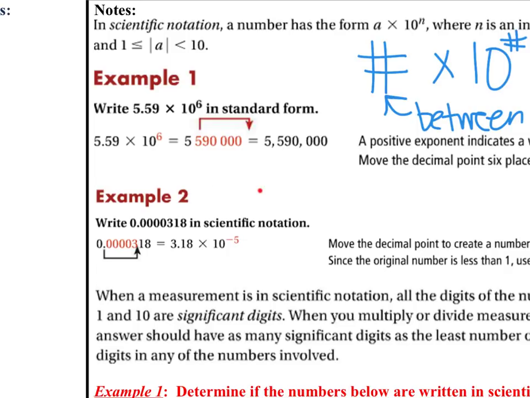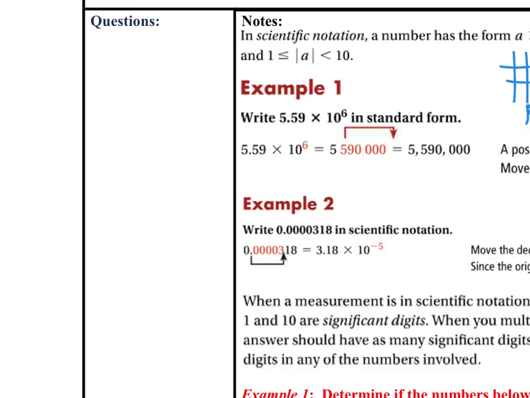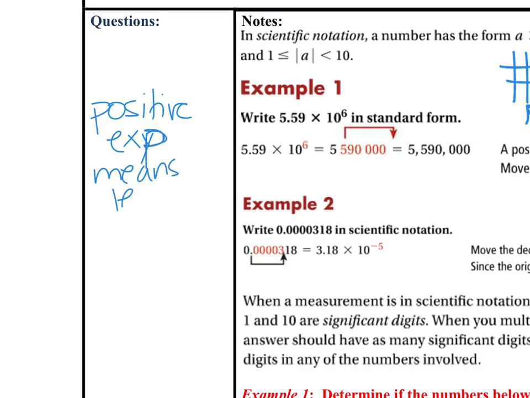So over here on the side, I'm going to write down that a positive exponent means a large number. Then they took the decimal point, which used to be here, moved it 1, 2, 3, 4, 5, 6 times.